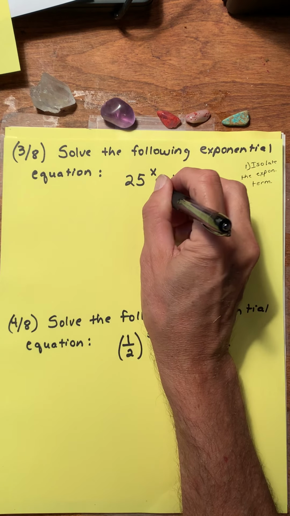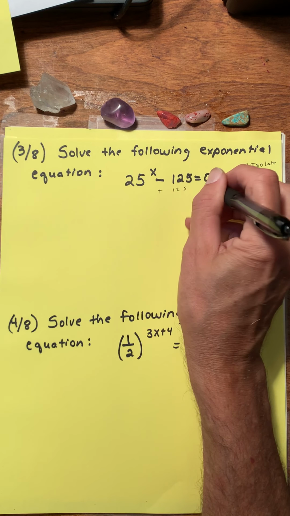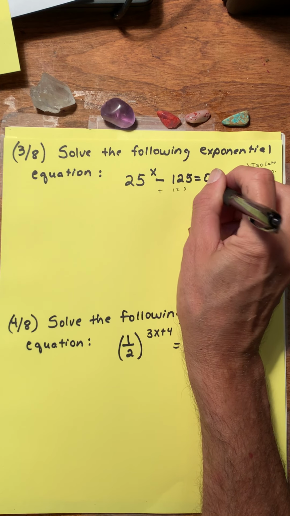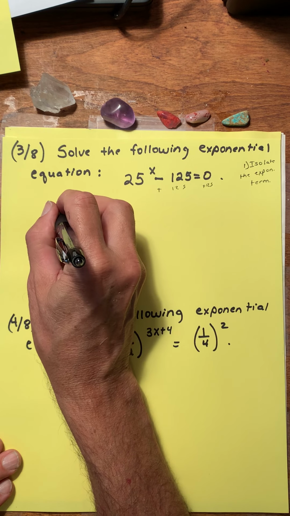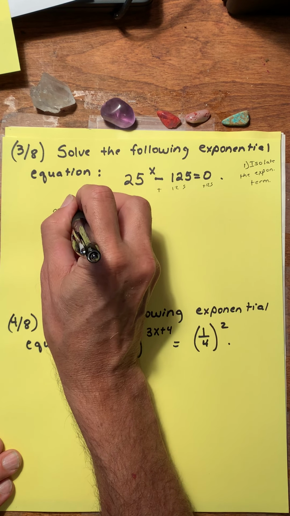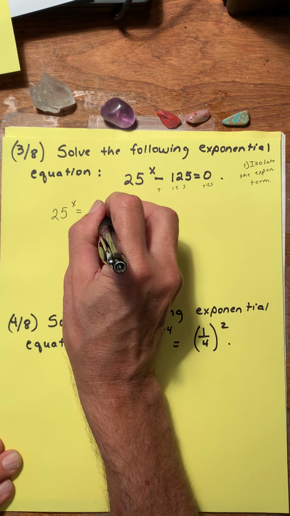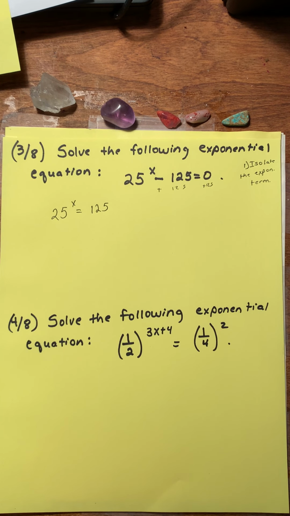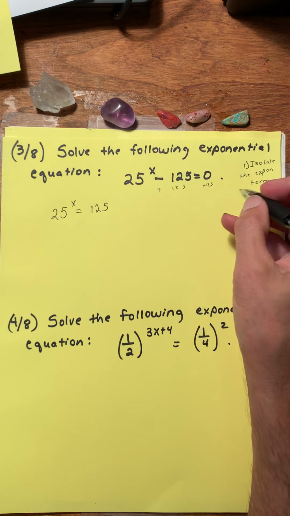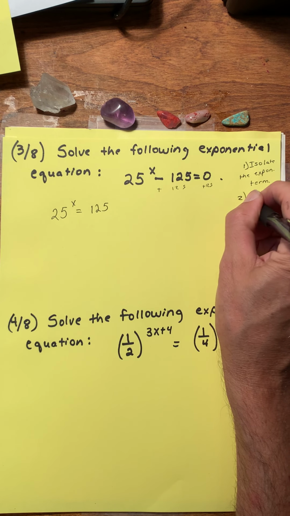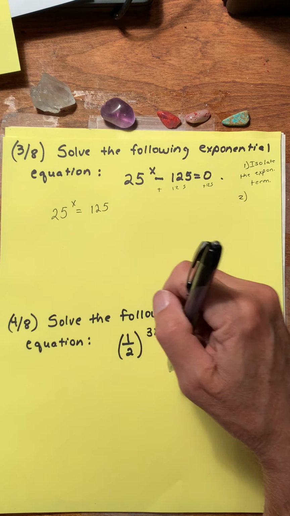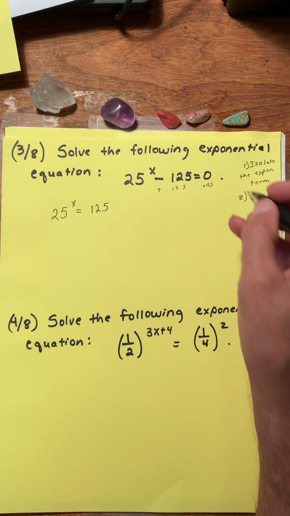Well, that's easy. I just add 125 to both sides, right? And I get 25 to the x is 125. Now, most of you are probably looking at that going, well, that doesn't get me any closer to where I need to be. All right, here's your second strategy, and this is the strategy that you're going to apply to each of these problems.